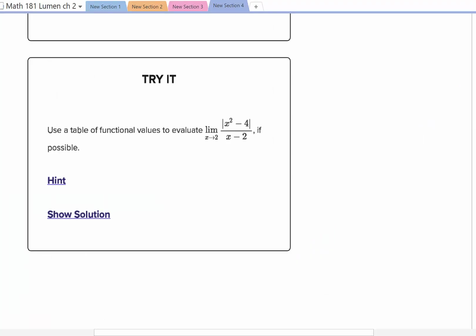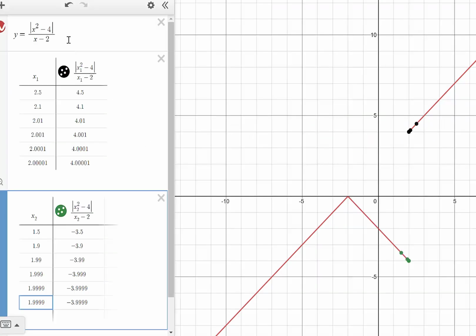So once again, the limit of the absolute value of x squared minus 4 over x minus 2 as x approaches 2 does not exist. And I want to say one other thing about this. If you're using Desmos, it's really not hard to get the absolute value.